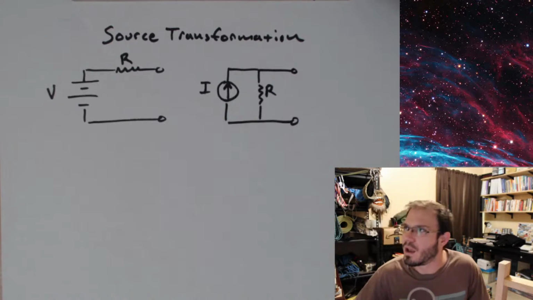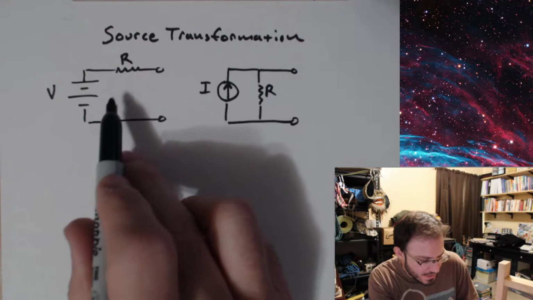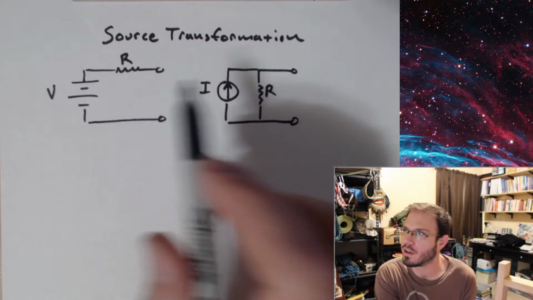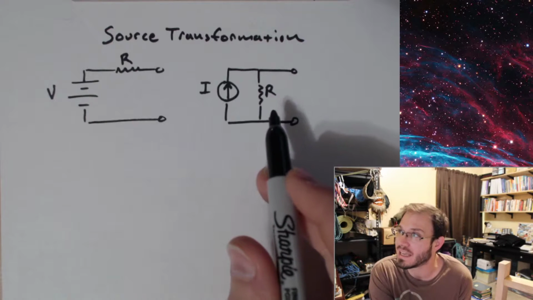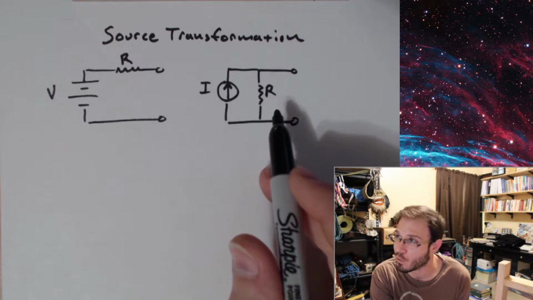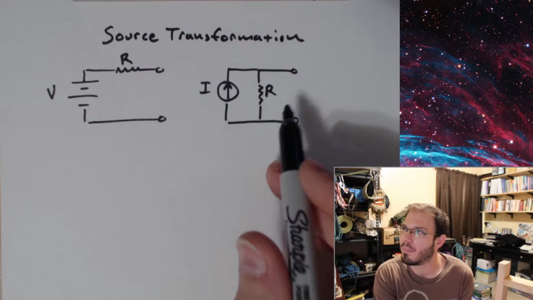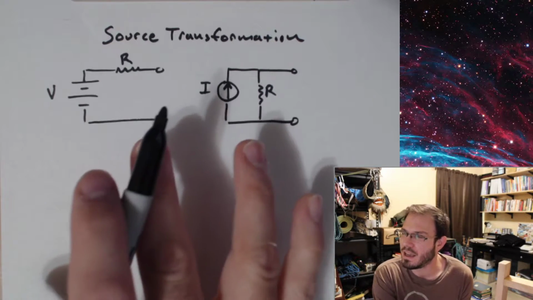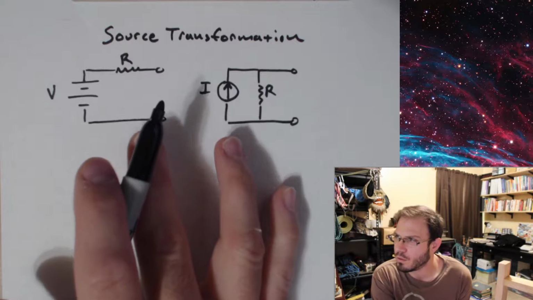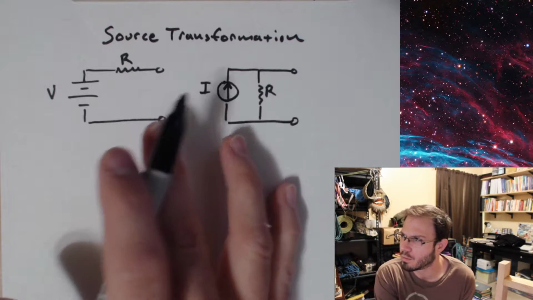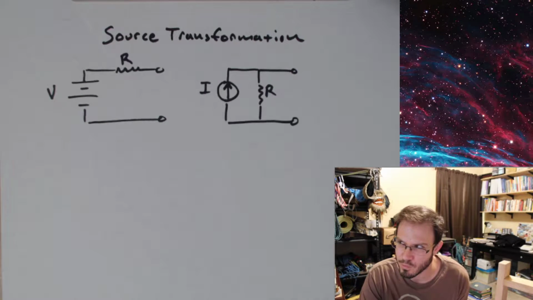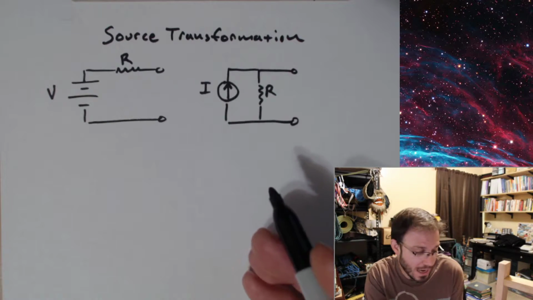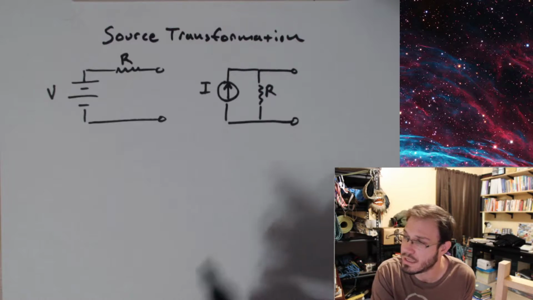Although this is the same circuit as what you would get with a Thevenin equivalent circuit, and this is the same circuit that you would get after performing a Norton equivalent circuit, don't get confused and think these are Thevenin or Norton equivalent circuits, although they kind of might as well be, because they give the same output that you would get from a Norton or Thevenin equivalency.